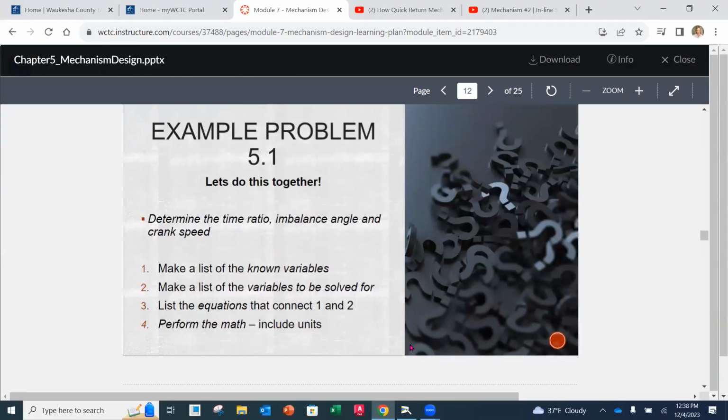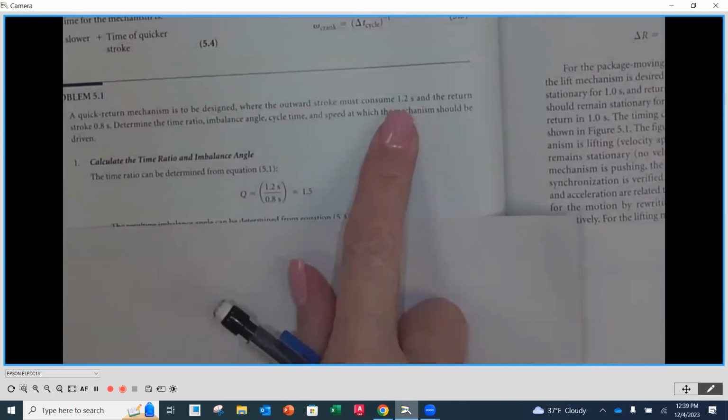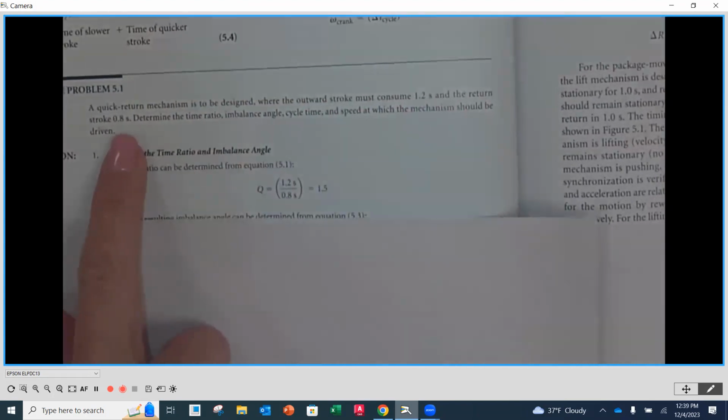So it says here, we want to determine the time ratio, the imbalance angle, which is that beta, and the crank speed, which is W. So as we look at our example back underneath here, it says we have a quick return mechanism to be desired where the outward time of the stroke is going to consume 1.2 seconds and the return stroke is going to be 0.8 seconds.